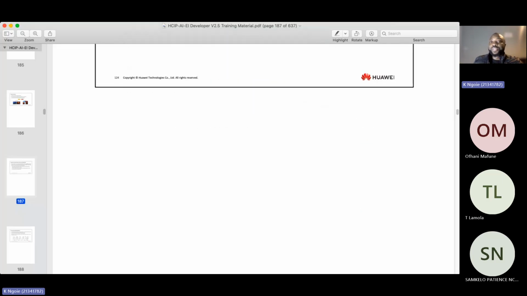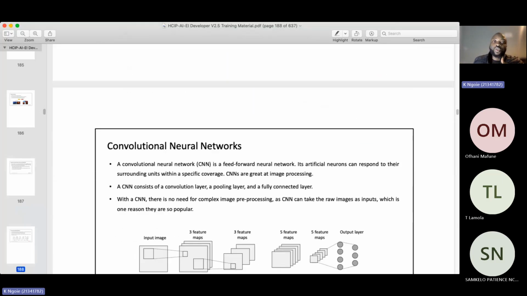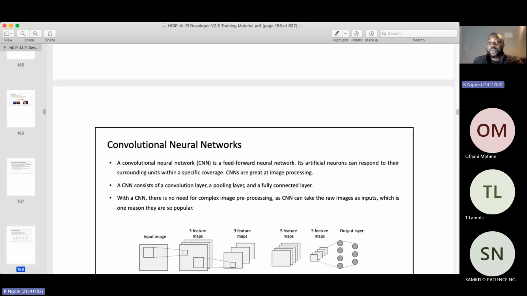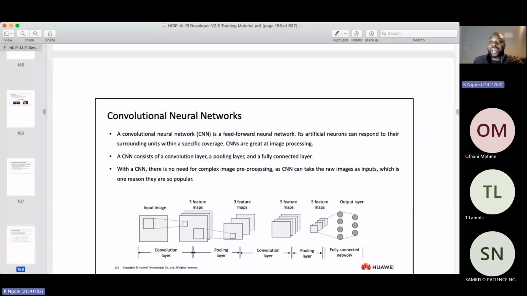So this is how we can obtain the structure of the convolutional neural network, which is a feed-forward neural network, which will have different components from a normal neural network.